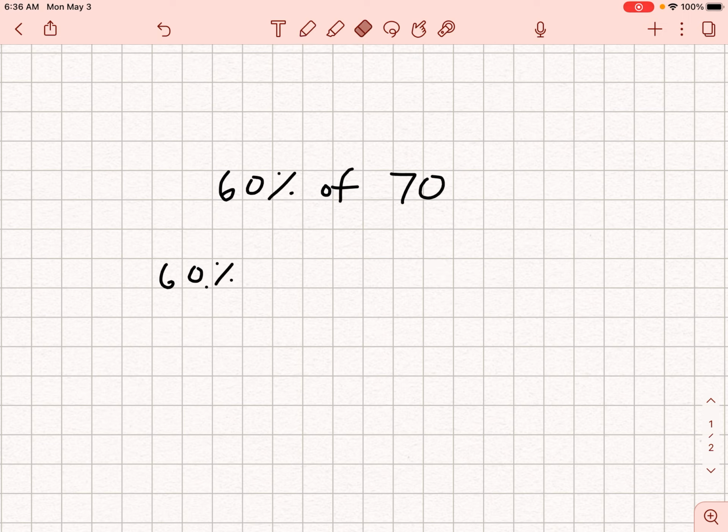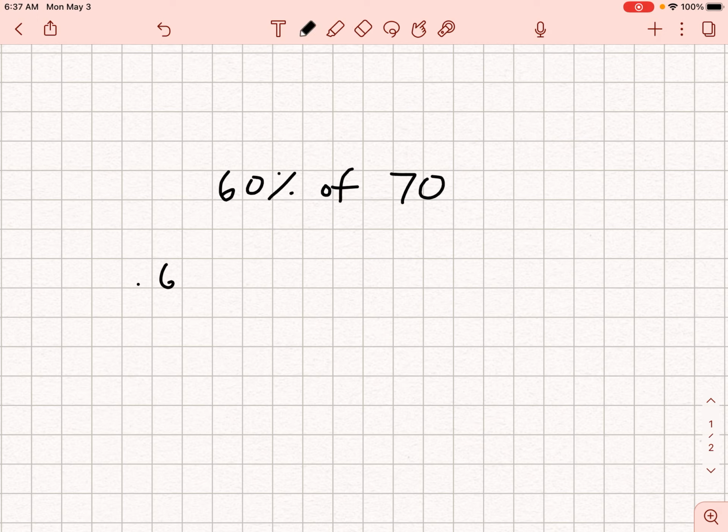So in your math notebook, go ahead and write 60%, just like we have here. And make sure you've got a little decimal right here. And we're going to move that decimal 2 times, once, twice. Decimal is now here. And so we've turned 60% into 6/10. 60% is now 6/10.